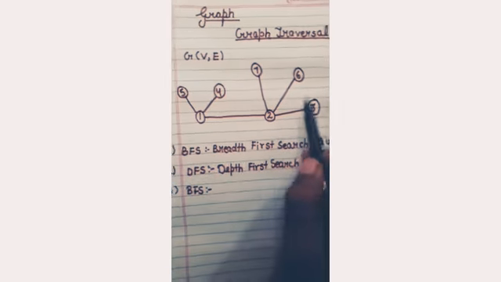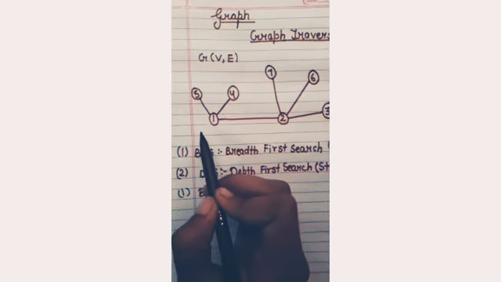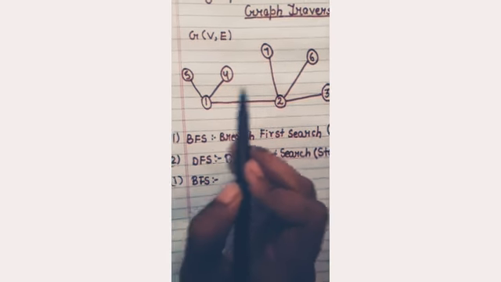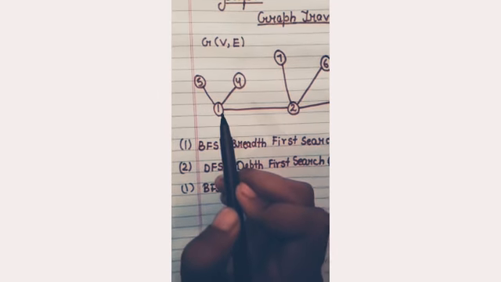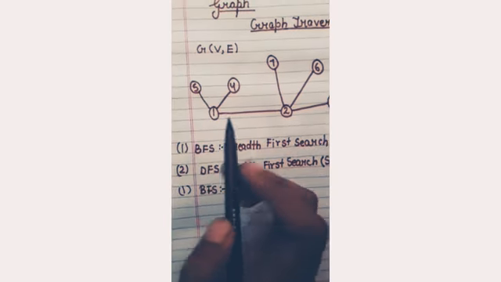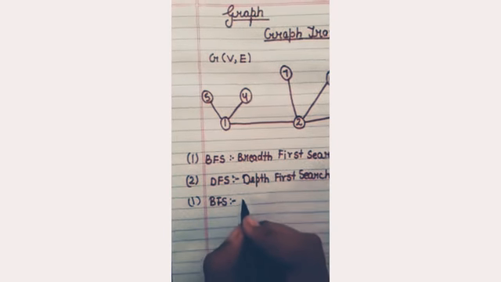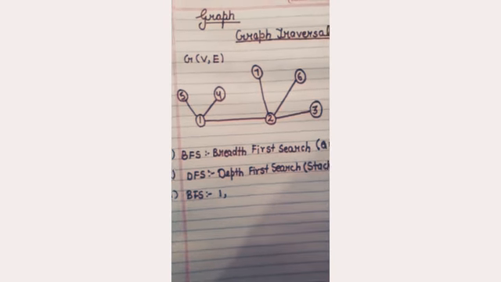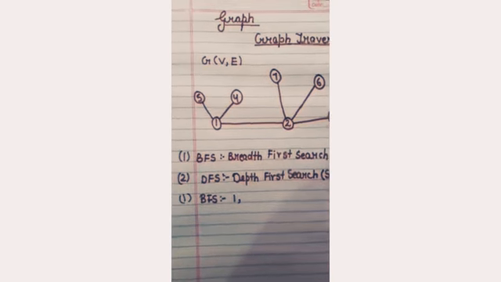So using this figure we will see what is BFS and what is DFS. See this figure you are seeing, select any vertex. Now right now I just told you what is a vertex. You can select any of the vertex. So I am selecting suppose 1. Fine. Now tell me what are the adjacent vertices of 1.